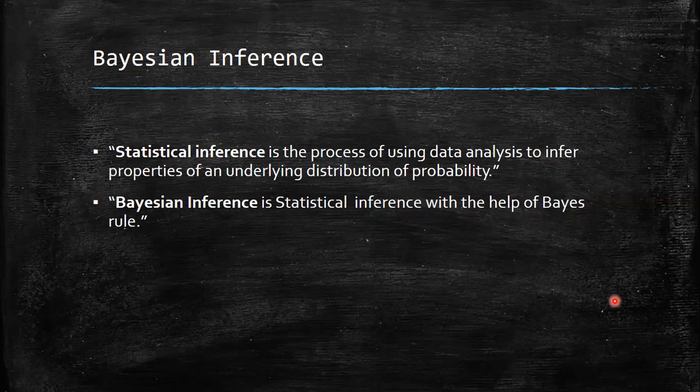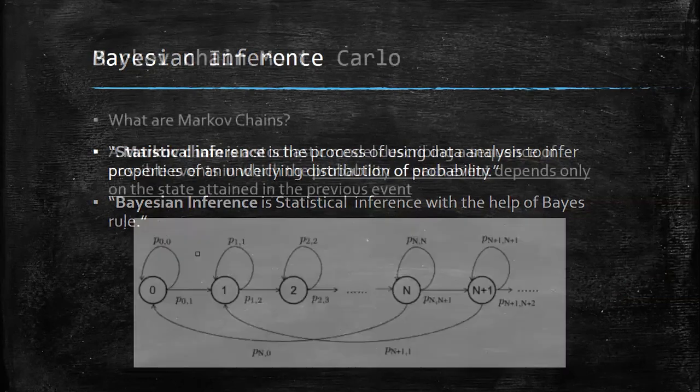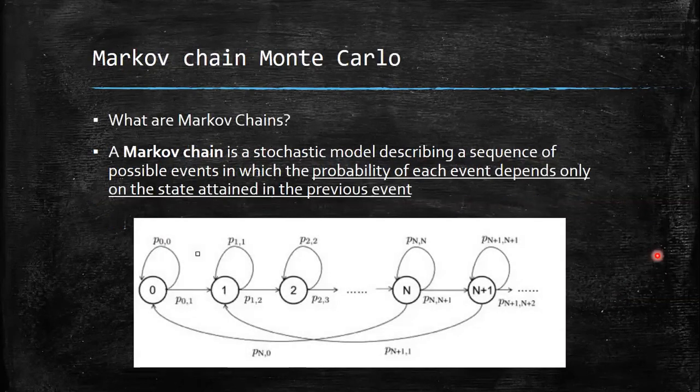Bayesian inference is basically statistical inference, but with the help of Bayes rule. One method to implement Bayesian inference is by using Markov chain Monte Carlo. As the name suggests, it is made up of Markov chains and Monte Carlo simulations.